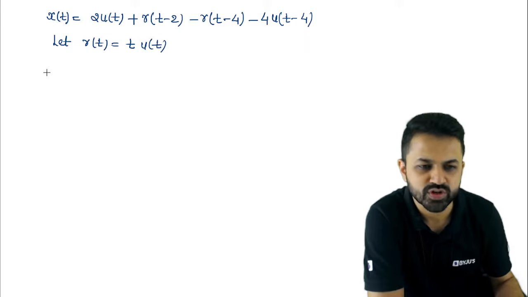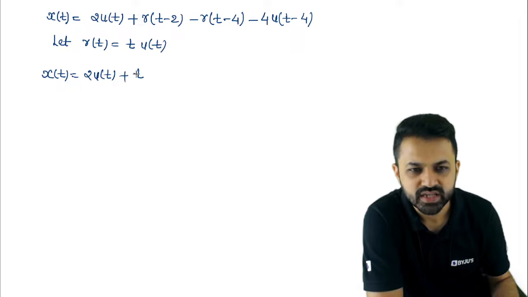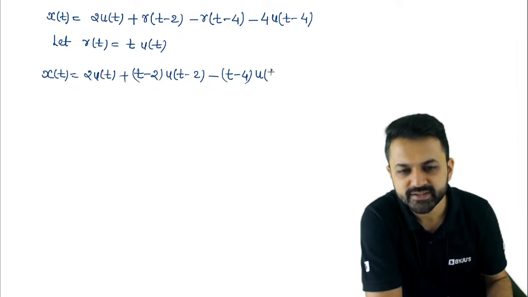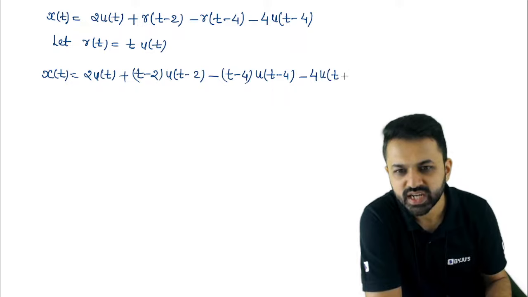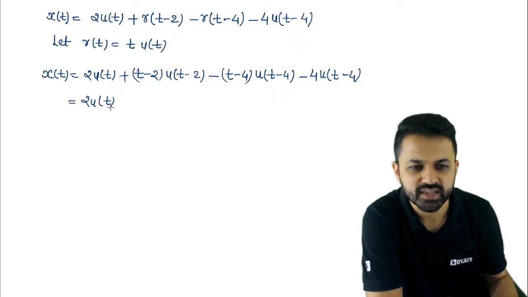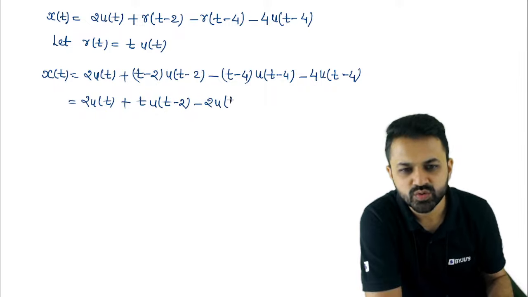So x of t equals 2u(t) plus (t minus 2)u(t minus 2) minus (t minus 4)u(t minus 4) minus 4u(t minus 4). Now let's solve it.